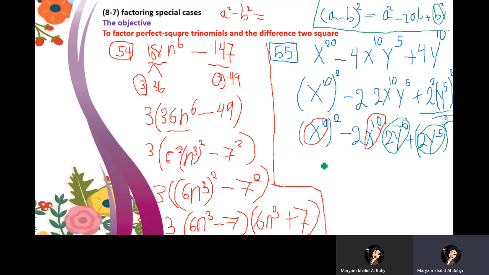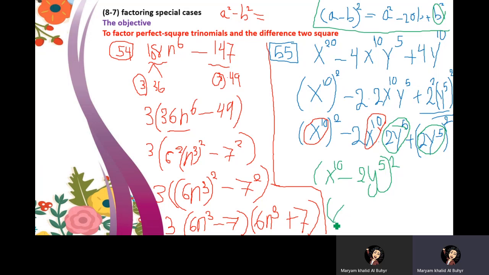Now let's directly write this one. x to the power 10, since we have minus in the middle, we are going to say minus 2y to the power 5, all this to the power 2.